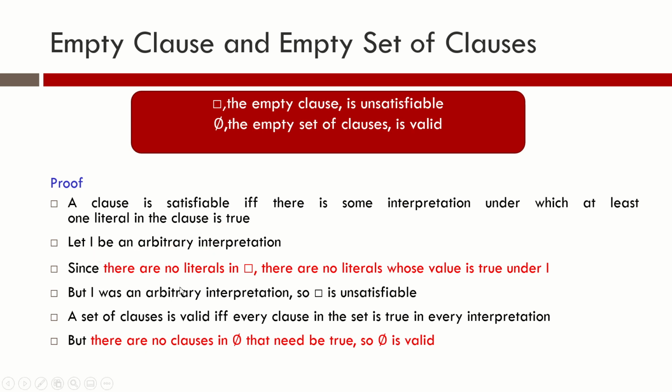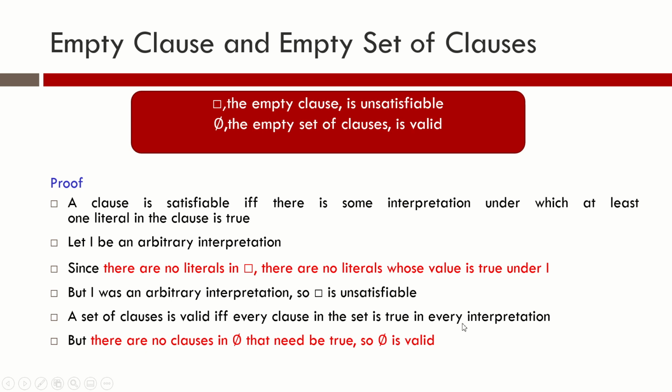Only if we have some literal which is true under I can we say that the clause is satisfiable. Our empty clause does not have any literals, which means there are no literals whose value is true under I. So we say that an empty clause is unsatisfiable.